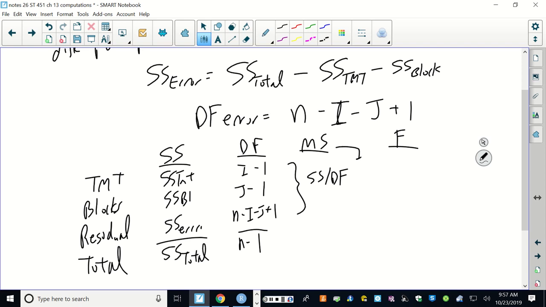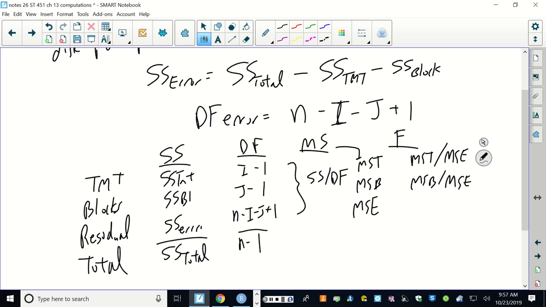So if this is mean square treatment, mean square for blocks, and mean square error, we can test is there any treatment effect by the F statistic as the mean square for treatment over the mean square error. Also, we can test is there an effect of blocks if we're interested in that: mean square of blocks versus mean square error.